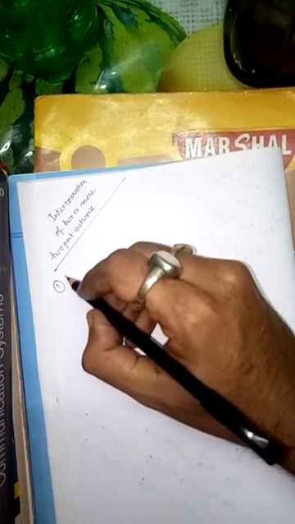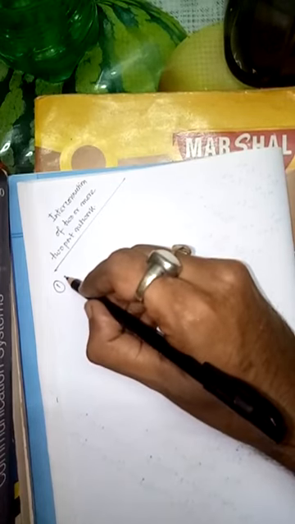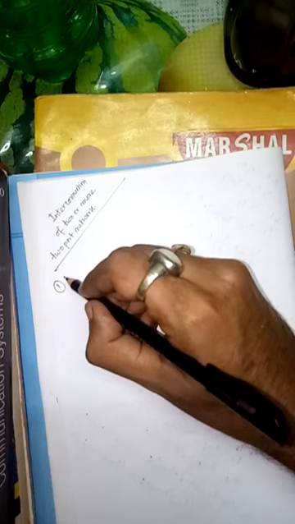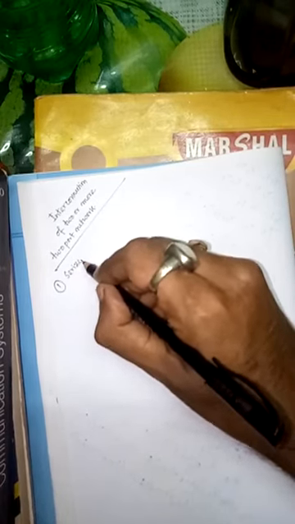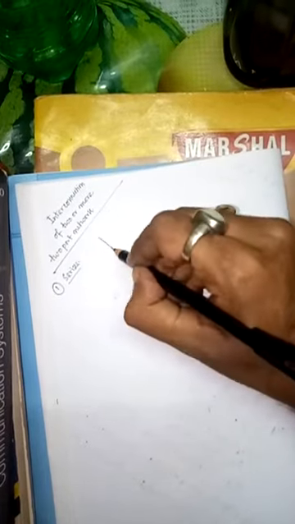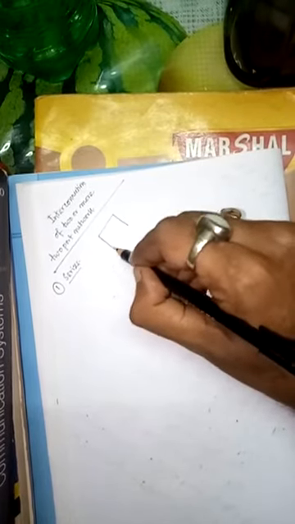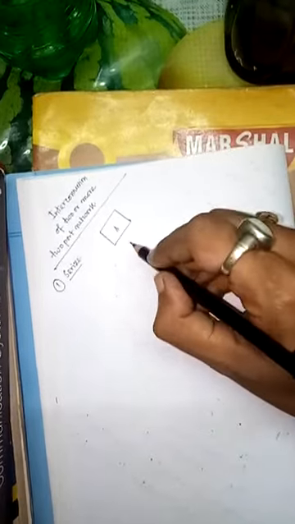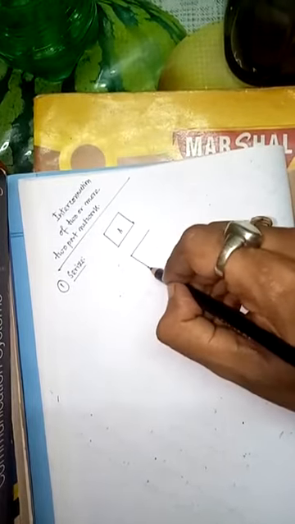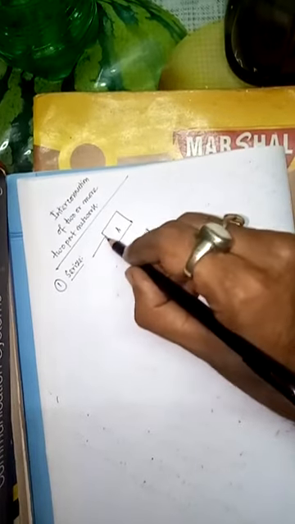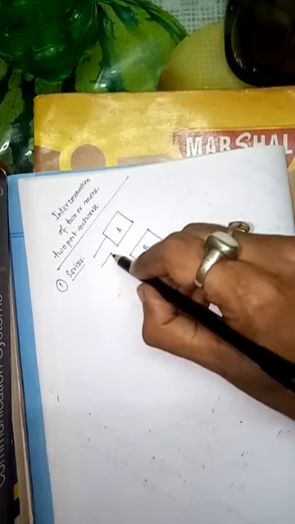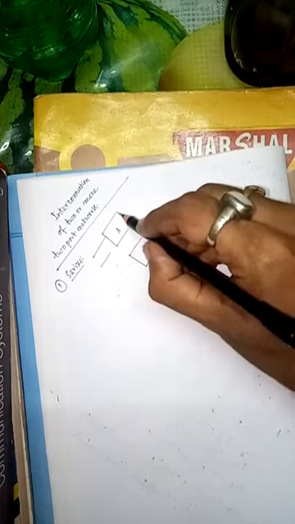How to do this? Different types of connections are available. Number one is the series connection. In the series connection, suppose this is one two-port, this is A, and this is another two-port, this is B. They have their ports in this way.